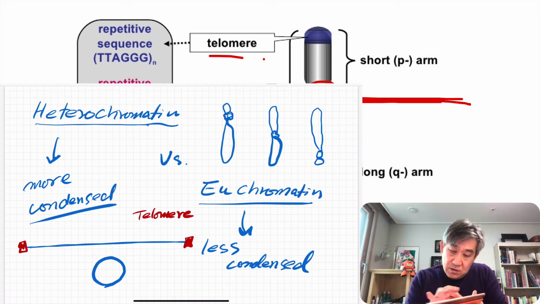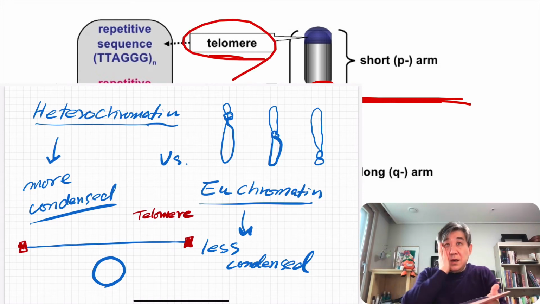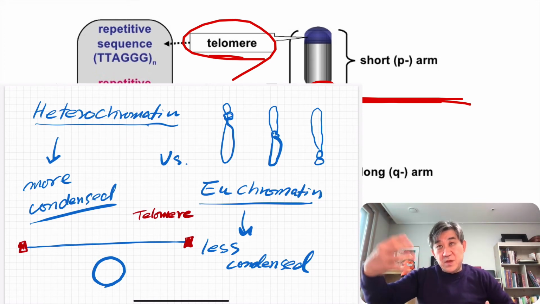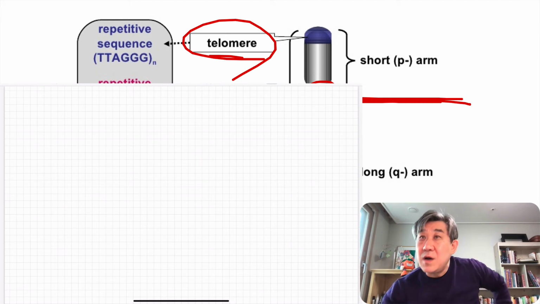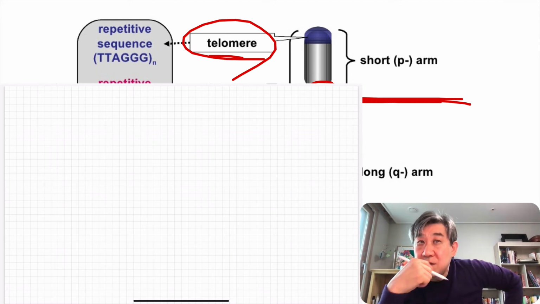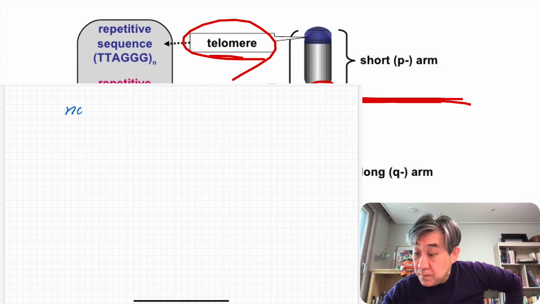Centromeres and telomeres are usually organized in less condensed chromatin, and these centromere and telomere areas tend to form heterochromatin, which means highly condensed. Why only those areas? It was mentioned in this lecture that those are the non-gene areas, right? These areas usually tend to form heterochromatin.